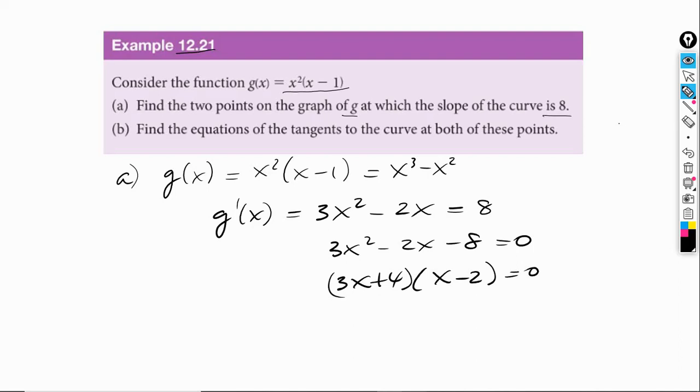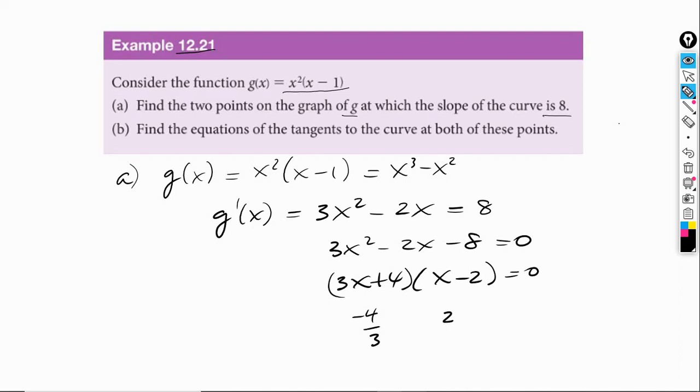So that means that the 2 x coordinates at which the graph of g has a slope of 8 would be negative 4/3 and 2. So that means that we still have to plug these in the original function, right?